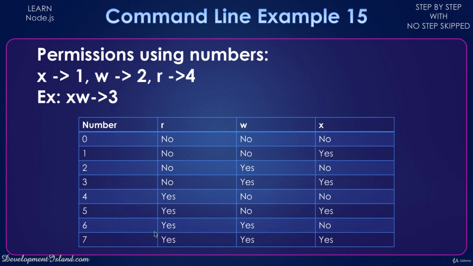Perfect. And if you check, for example, 5, that's 1 plus 4, and you can see that 5 is actually read and execute. Execute and write is 3, right? So this is how the numeric mode works.